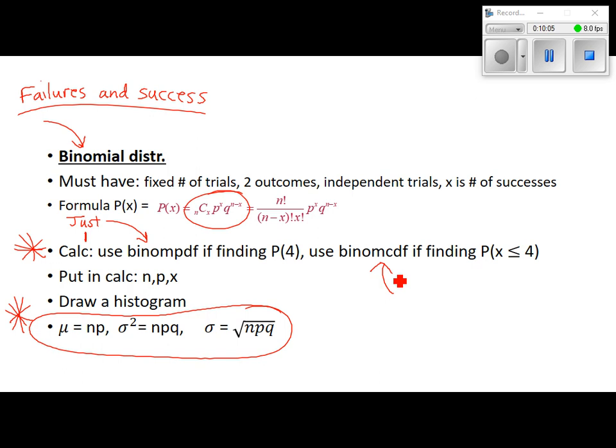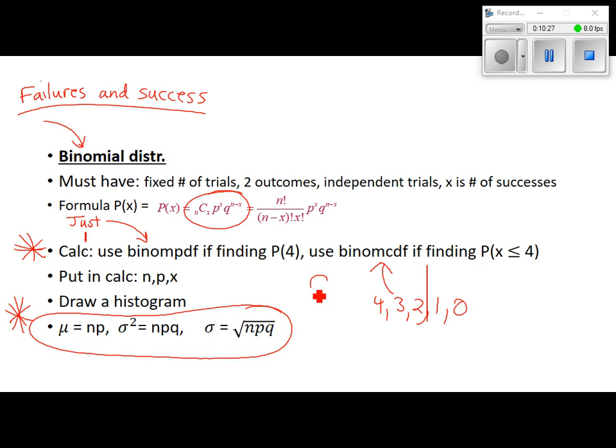So if we do x is less than or equal to 4, that means it would include 4, 3, 2, 1, and 0. It would include all of those. So instead of doing all 4 or 5 of them, you could just do it once and get the total answer.